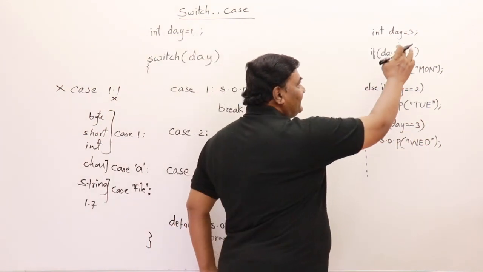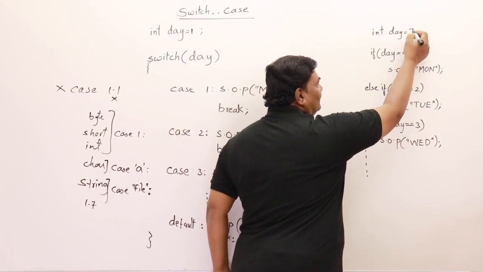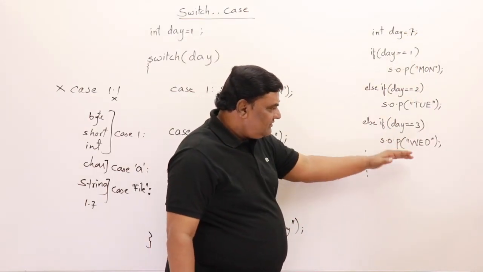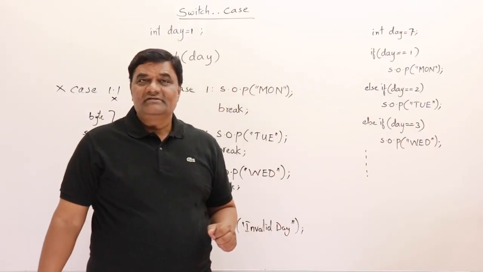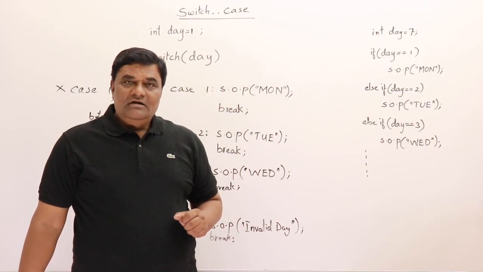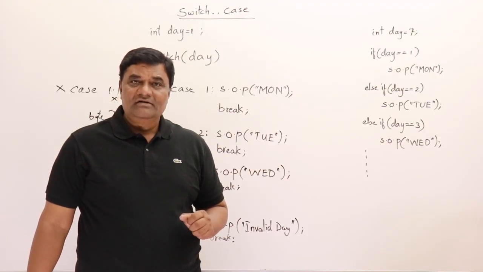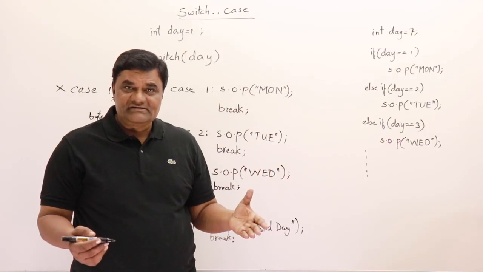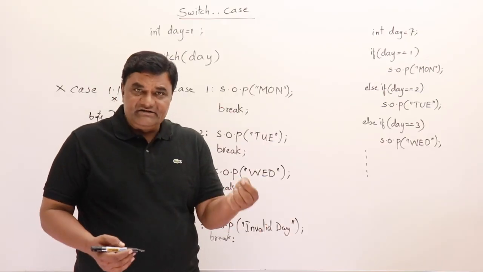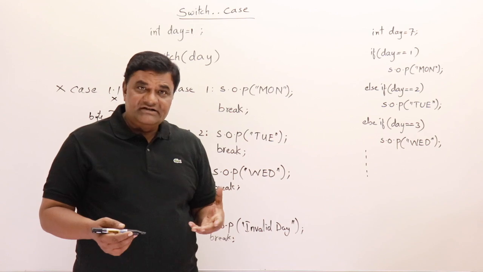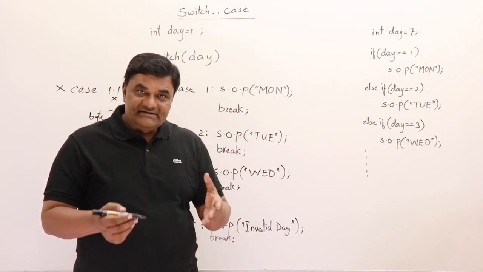If I write 7 there, like suppose 7th day is Sunday, then it will check all the conditions, then finally it will print 7, that is Sunday. So it means it will be checking total 7 conditions. Yes. So the time taken for checking 1 condition or the time taken for checking 7 conditions will definitely be more.